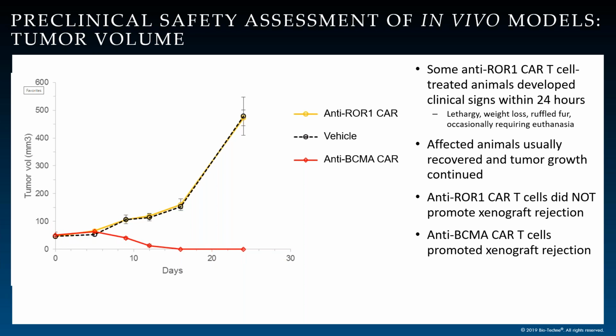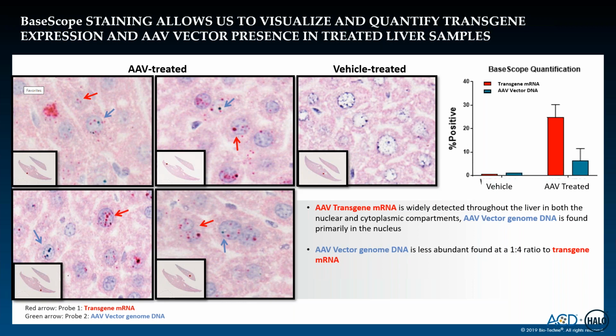Another example of how the BASESCOPE assay was used to study AAV therapy is where these particular researchers utilized BASESCOPE to identify their transgene and their AAV vector.